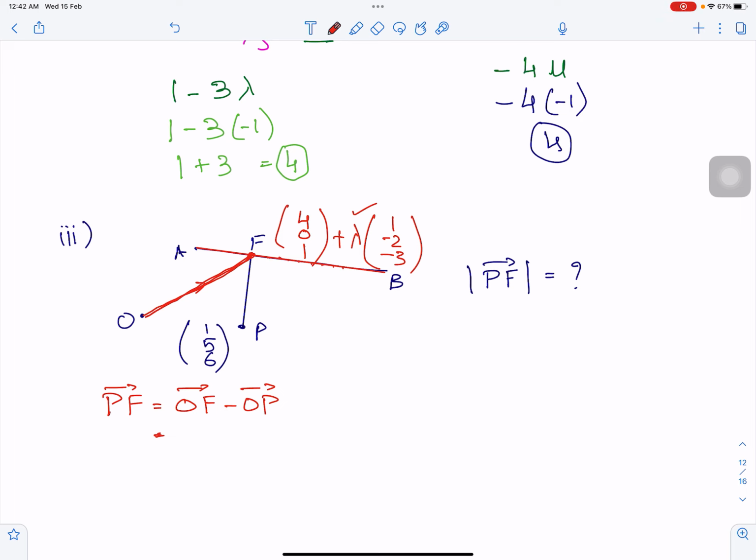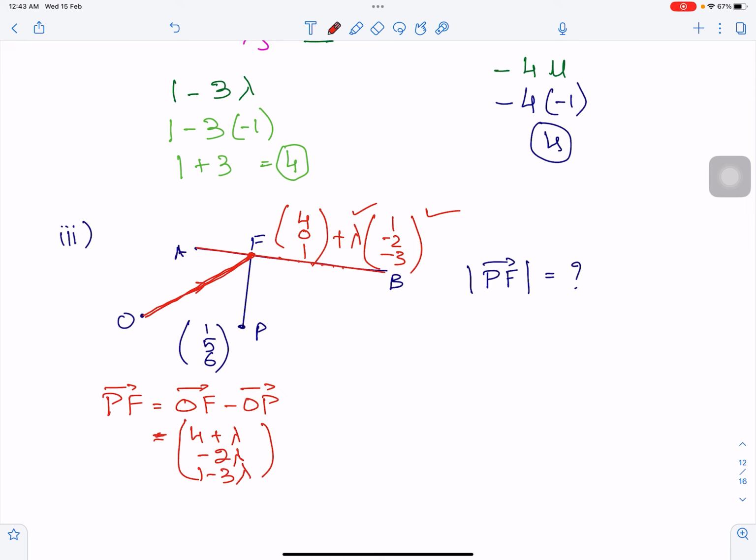So you can say your OF is actually this same thing: 4 plus lambda, 0 minus 2 lambda and 1 minus 3 lambda.